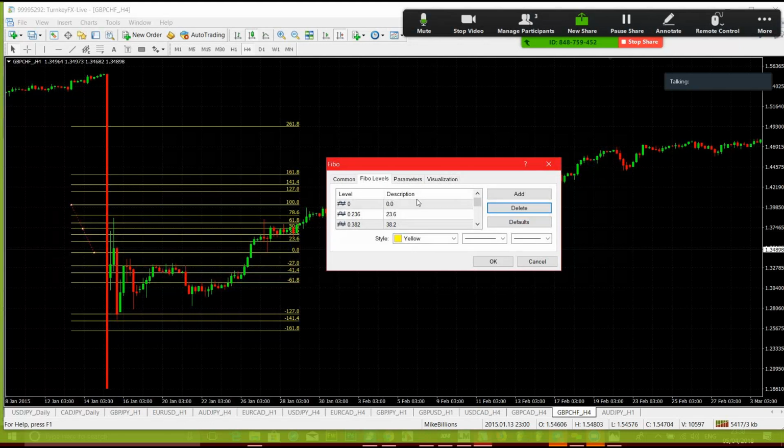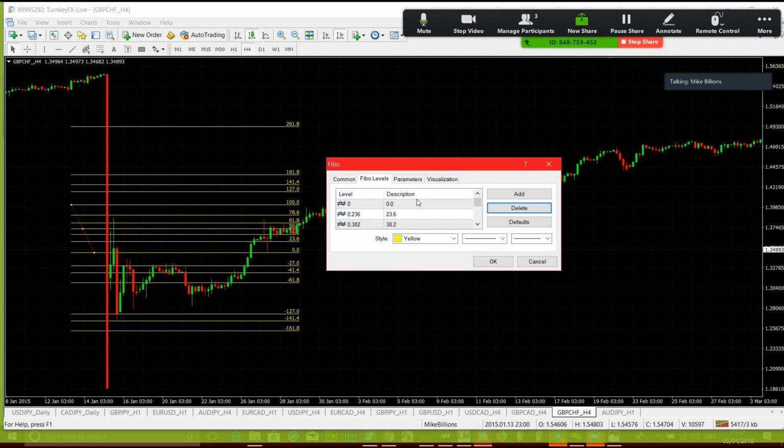So now, like I said again, just use them, test them out. I want to believe that when you have a reversal happening in a place in the market, that is when most of these large numbers will come into play. Because if the market has already started moving, and you're probably in the middle of the market, the chances of that market going to minus 127 or minus 161 is really slim.